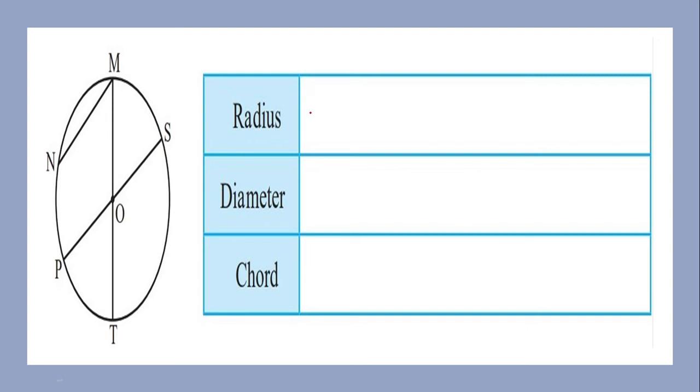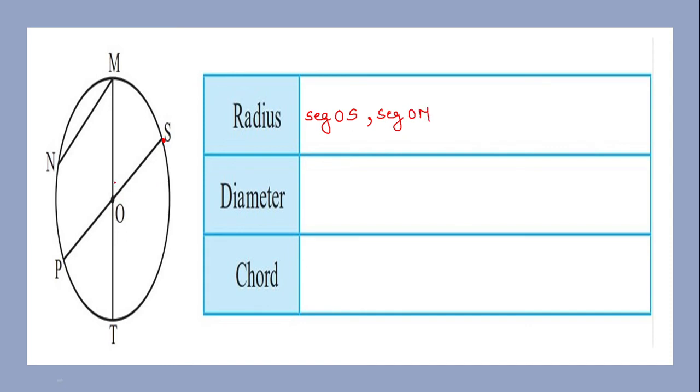So let's start writing first the radius. Okay, so it is starting from, I will write segment OS. Why segment OS? It is starting from the center and it is ending on the circle. Okay, then we can write segment OS is 1, then segment OM. Why?